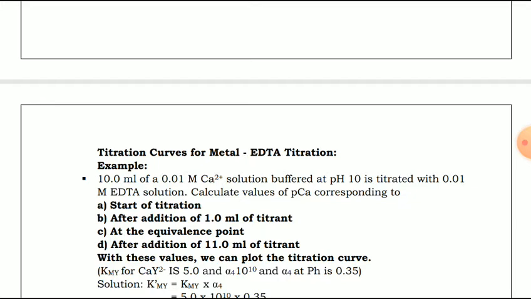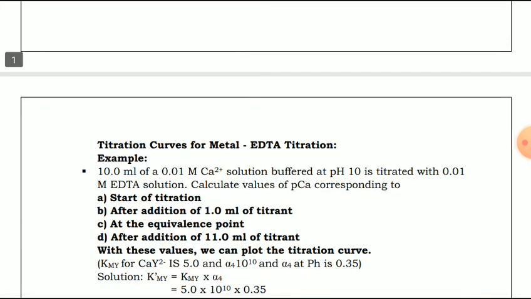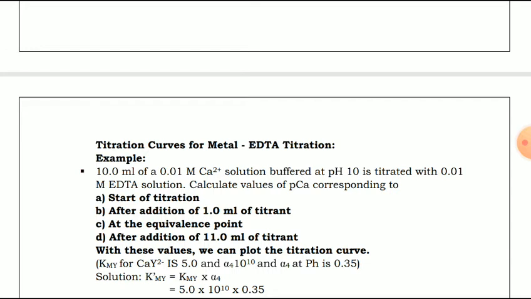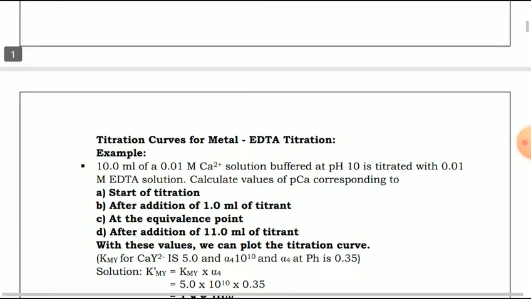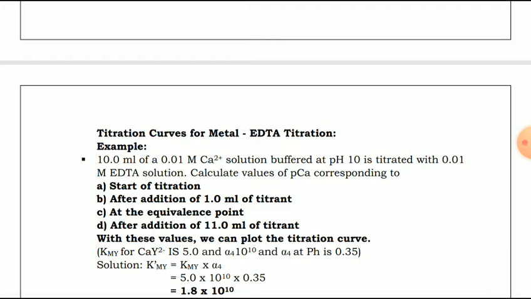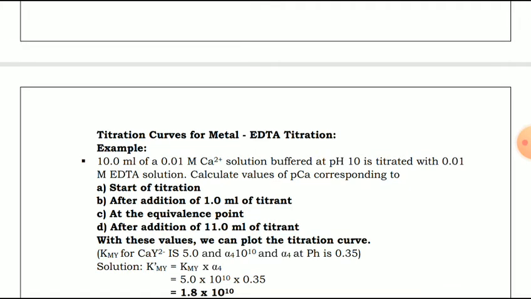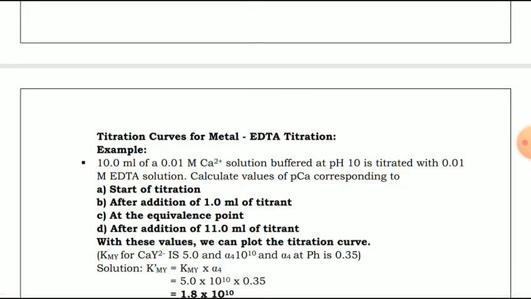This constant term we are going to learn later. Here the KMY value will be 5 into 10 raised to 10 into 0.35, that is, the alpha 4 value is 0.35. When we calculate this, we will get 1.8 into 10 raised to 10. This is the value of K'MY, that is the absolute formation constant.